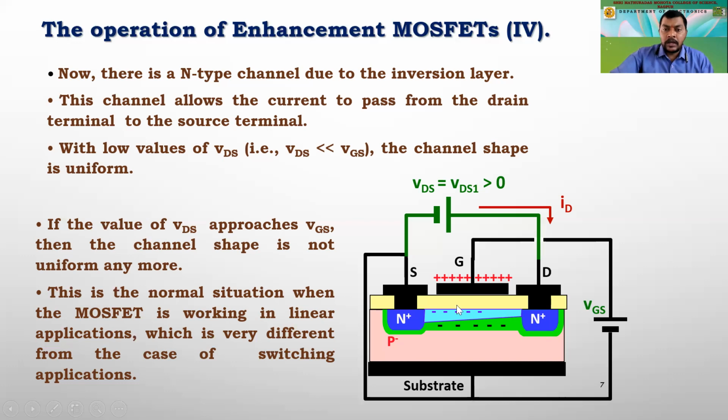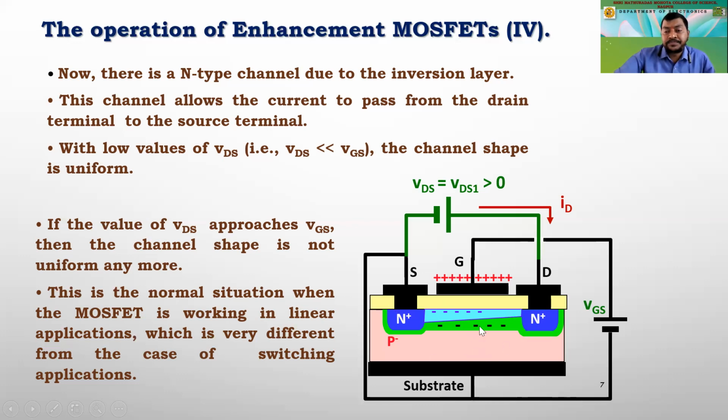So this is the enhancement type of MOSFET because the current is being enhanced by increasing the gate source voltage. As you go on increasing the gate source voltage, the positive charges being deposited over here are automatically increased. Negative charges on the other side of this silicon dioxide layer are going to increase, and more current is supposed to flow through this drain, right?